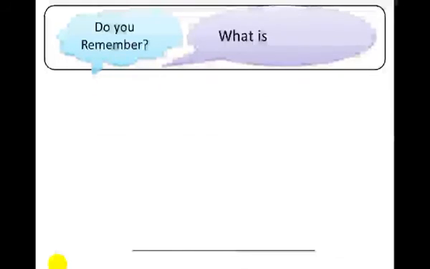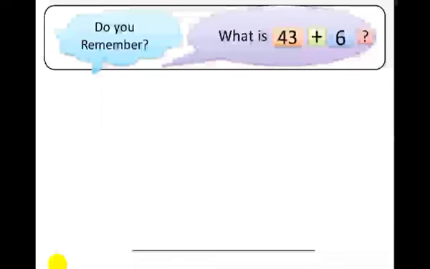Do you remember from our previous class what is 43 plus 6? Firstly, you look at the numbers in this question. We have 43 plus 6.